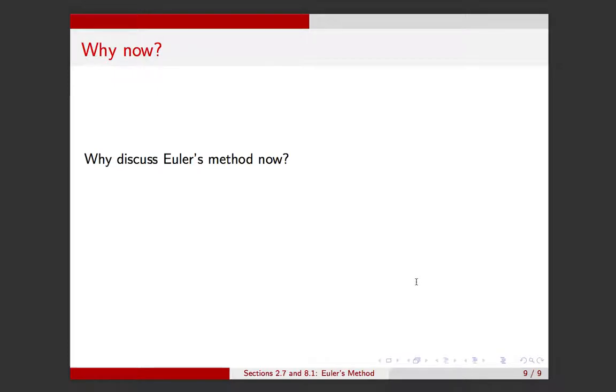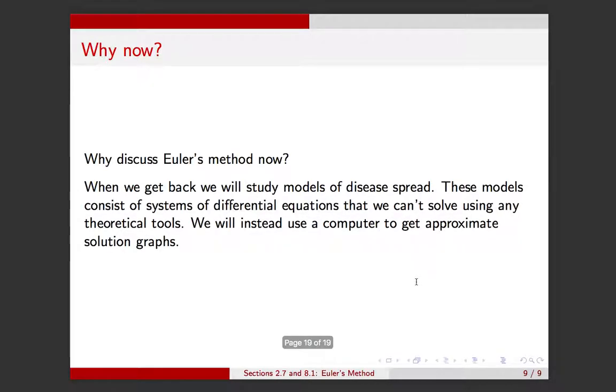Okay, so finally, a last question you might have is, Euler's method is in section 2.7, which is back in chapter 2, right? And we did chapter 2 a long time ago, and since then we've done chapters 3, 4, 6, 7, right? So why are we talking about this now? And the answer is, when we get back on Monday, we're going to start studying models of disease spread.